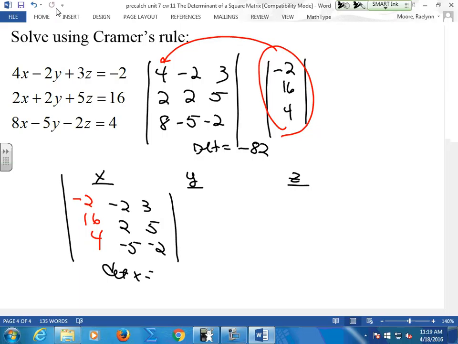Negative 410. Good. So you're going to take the determinant of x over the big determinant to find x. So negative 410 over negative 82. 5. There you go. x is equal to 5.